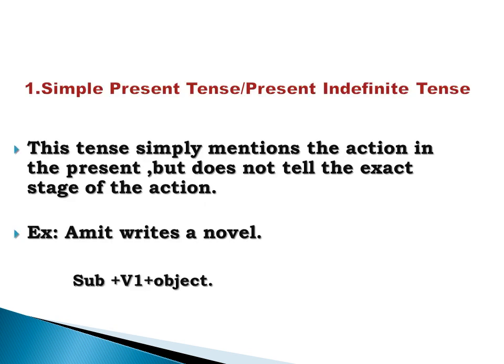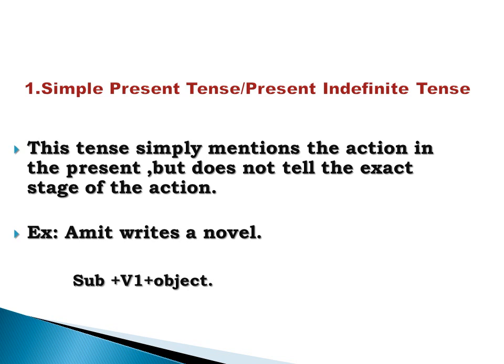Simple present tense, which is also known as present indefinite tense. This tense simply mentions the action in the present but does not tell the exact stage of the action. That's the reason why it is also called as present indefinite, because the stage of the action is indefinite in this tense.